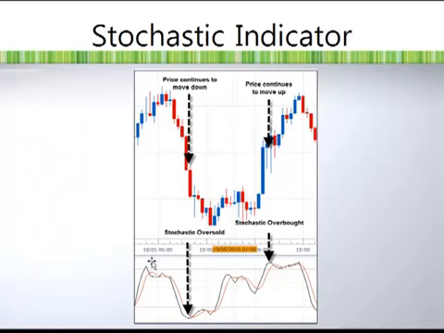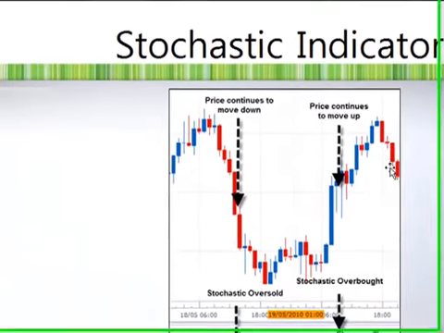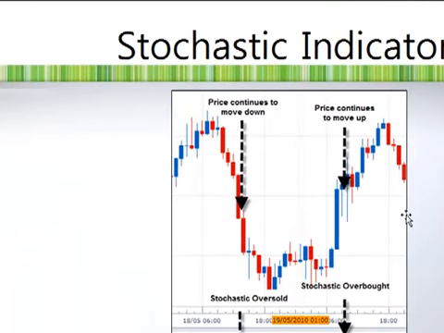You can see when the price moves down and the stochastic moves down, it gets into the region of oversold. It will usually bounce up. You can see the price bounce up again. When it gets overbought, it's very likely to move down. You can see it start to move up a little bit, then it collapses. So basically, this indicator helps us tell whether the market is currently overbought or oversold.